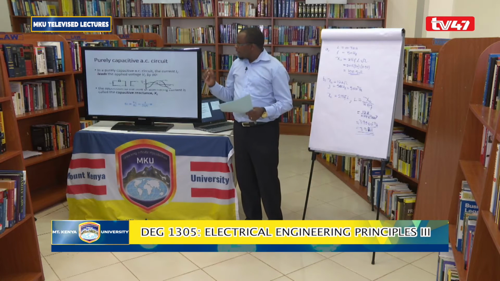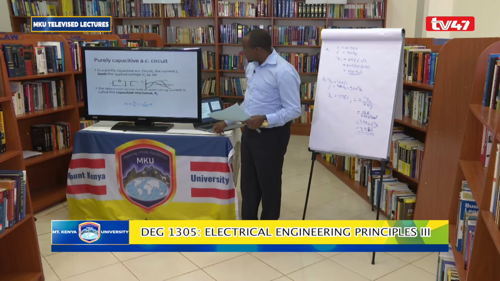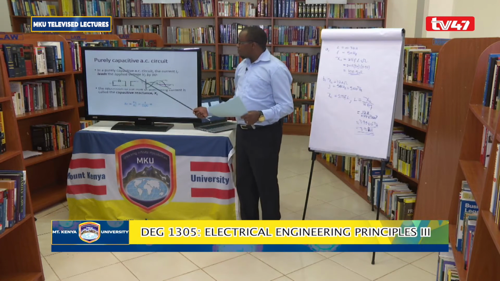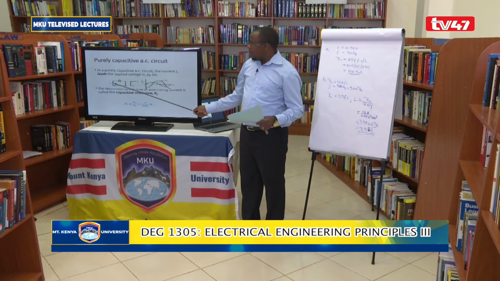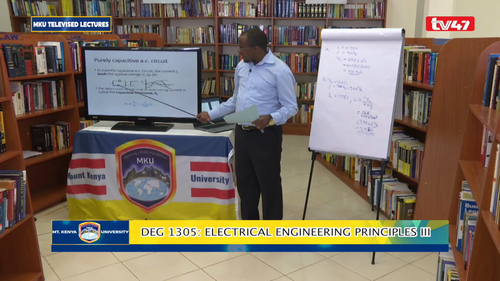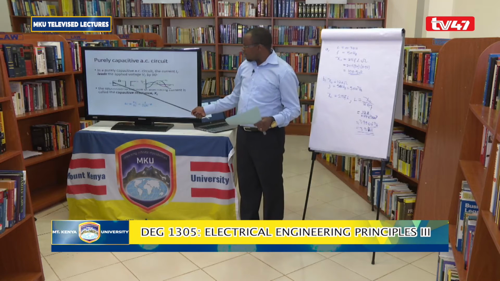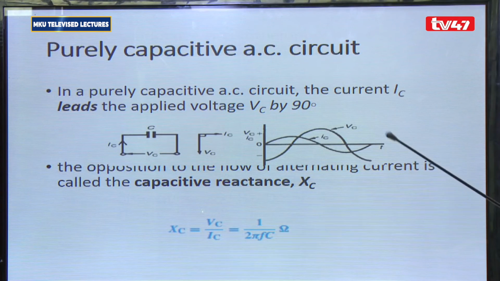Now, we have got the other passive component, which is a capacitor, and a purely capacitive circuit looks like the way you are seeing here. This is a capacitor connected to a source of EMF, with the voltage across that capacitor VC. We have the current moving through that capacitor.